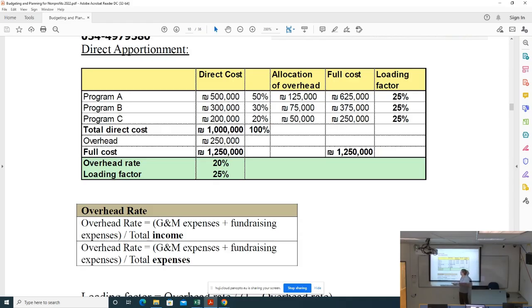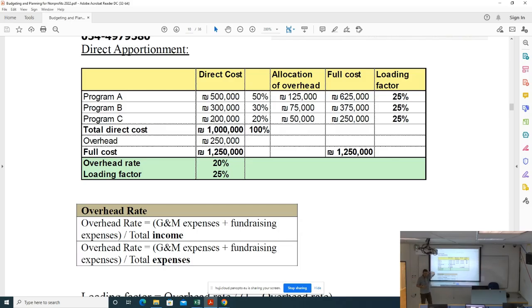Now, program A takes 500,000 out of the million, which is 50%. The second, 300,000, is 30%, and the third, 20%. Obviously, they add up to 100. So this will be my allocation scale. I create an allocation scale based on the direct budget of the program.